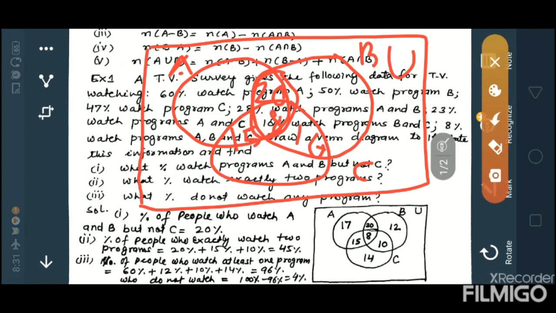Now we are approaching the solution of this problem. Now come to individuals. 60 watch program A, meaning the entire circle.